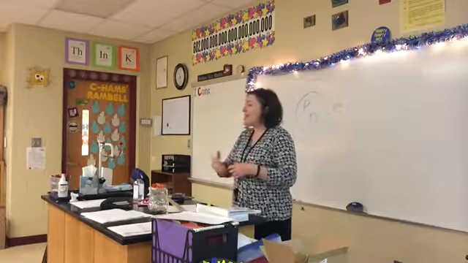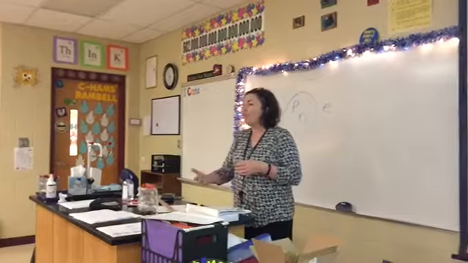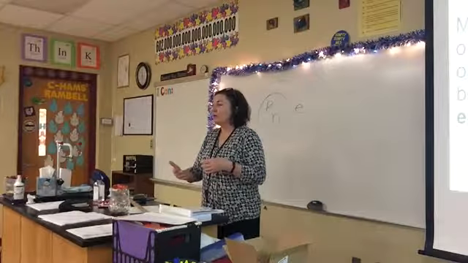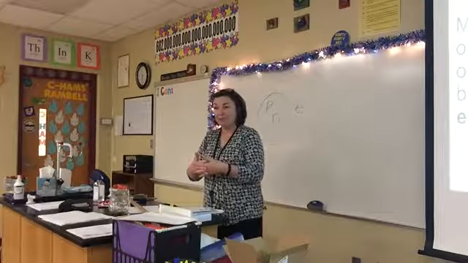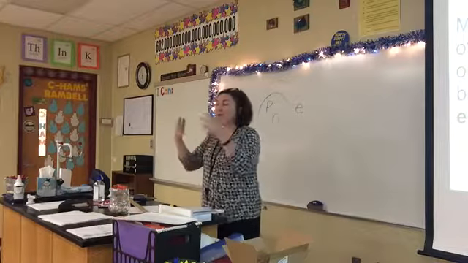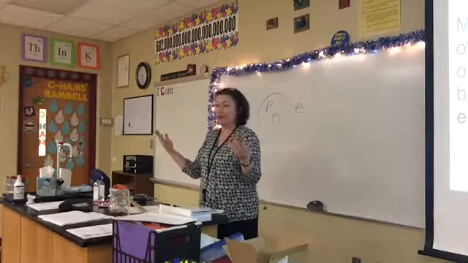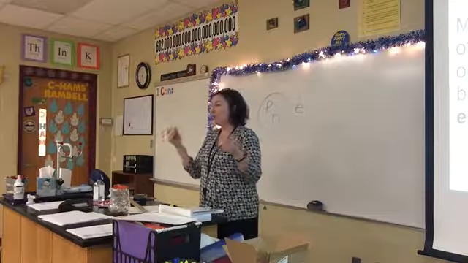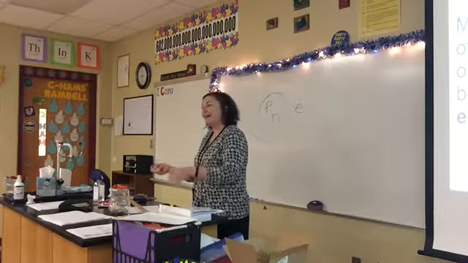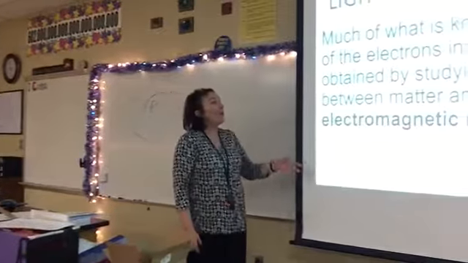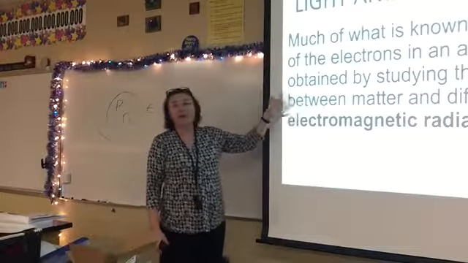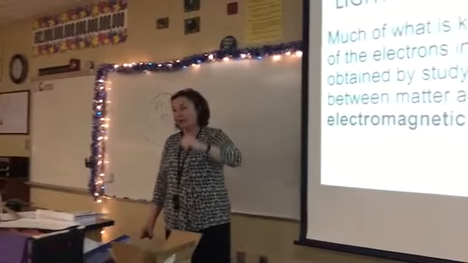And the one thing we see coming off of electrons in their interaction with matter is light. When fireworks go off, those are electrons. When you see a spark somewhere, that's an electron. So we have to understand light in order to understand electrons.